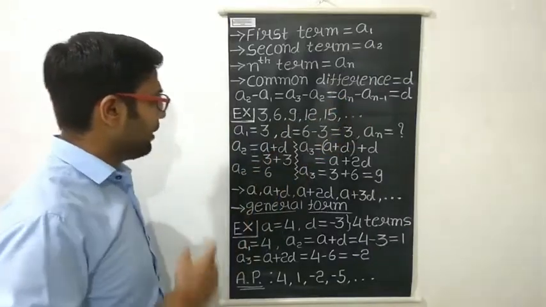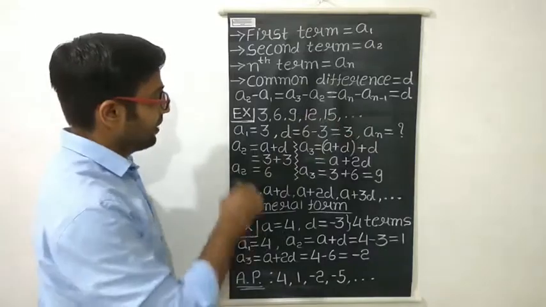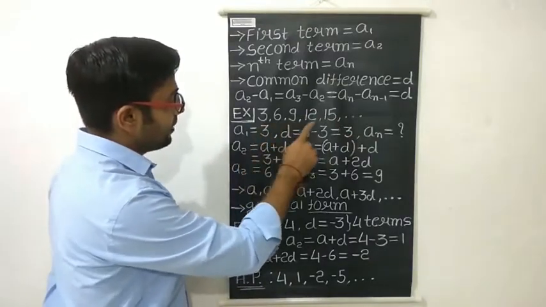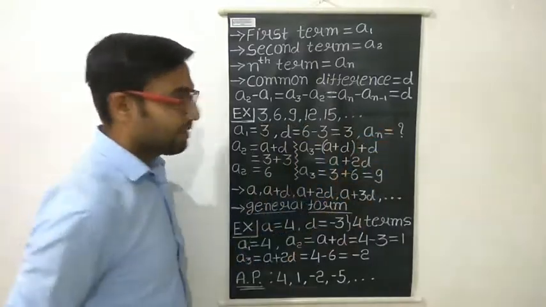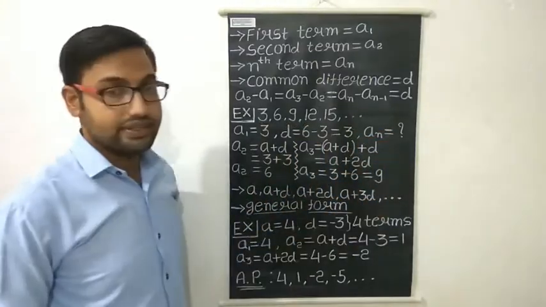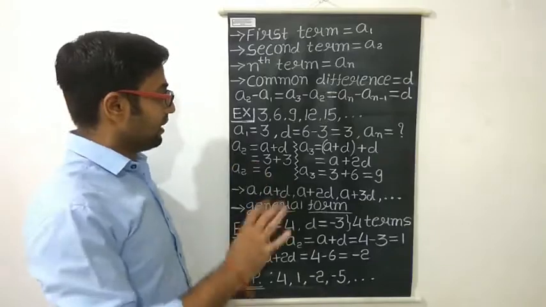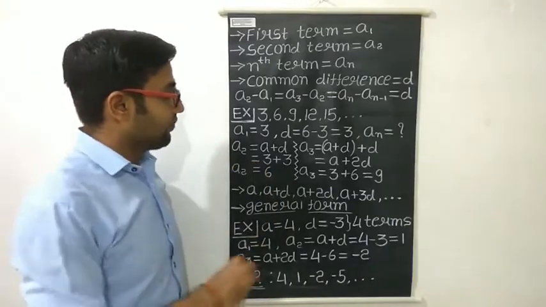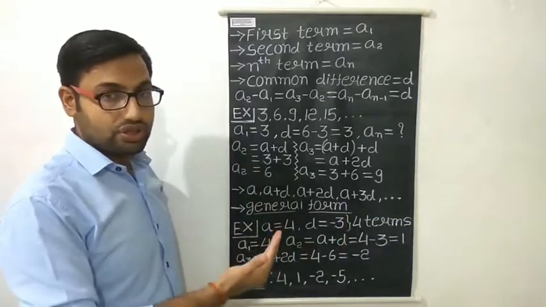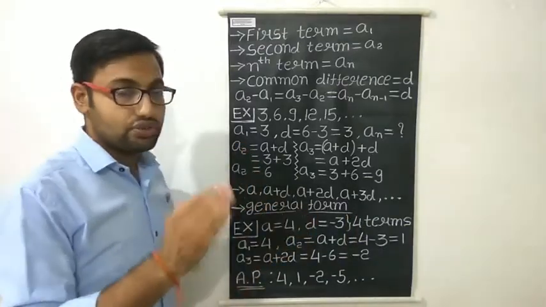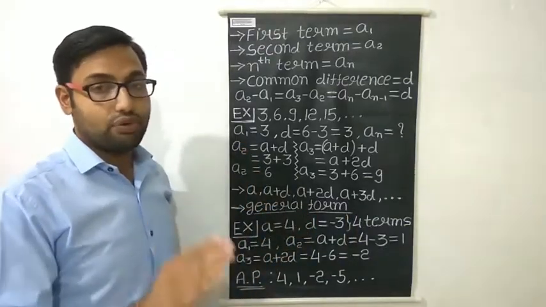Okay. Now let us consider one example. We have the numbers 3, 6, 9, 12, 15, dot dot dot. That means this arithmetic progression continues on. Let me clear one more thing: if there is a fixed number of terms in the arithmetic progression, then it is called a finite arithmetic progression.